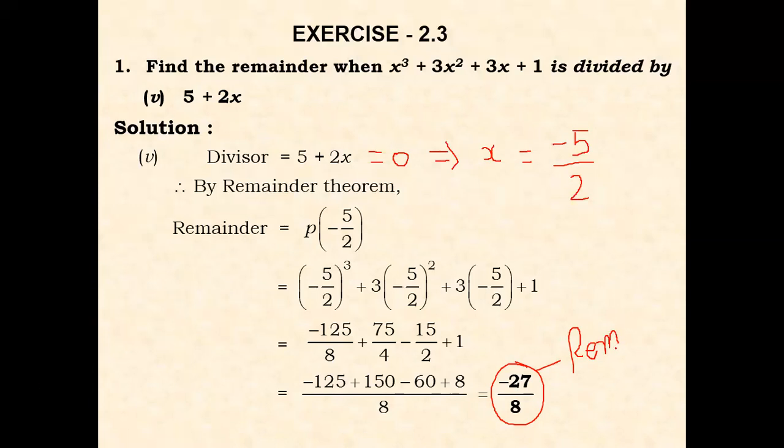Okay, so if the remainder is not 0, in that case, you can say the given divisor 5 plus 2x is not a factor of given px. I hope this is clear to you.